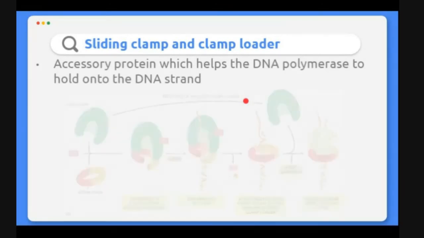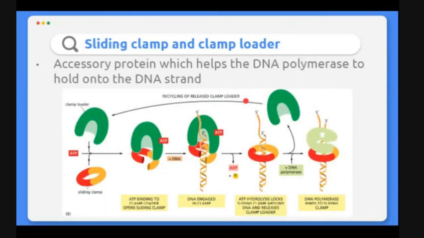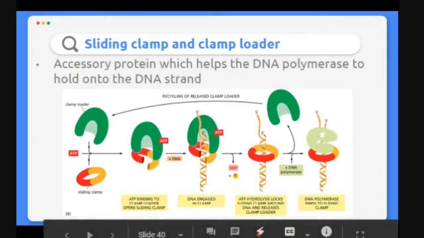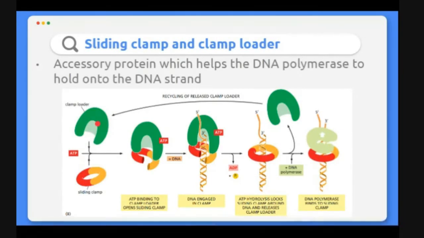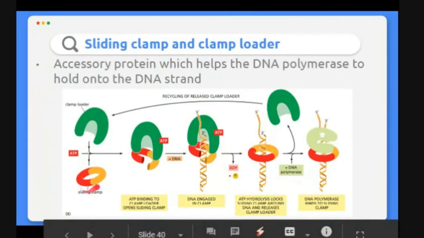So, now your sliding clamp, it acts as support. So, let's take a look at this figure. So, meron daw clamp loader. Parang ito yung support ng support, ganun. Ito yung support ng supporting character which is your sliding clamp. So, your clamp loader mo, ilo-load niya yung sliding clamp in the DNA strand.